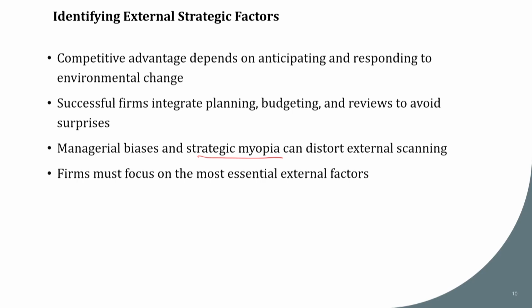But practically these are all going to be very important parameters for decision making for the firms. So it is critical to selectively monitor the most relevant external factors. That means the firm must focus on the most essential external factors, not prioritizing each and every external factor. Instead, they should focus on those external factors which are more critical to the firm.